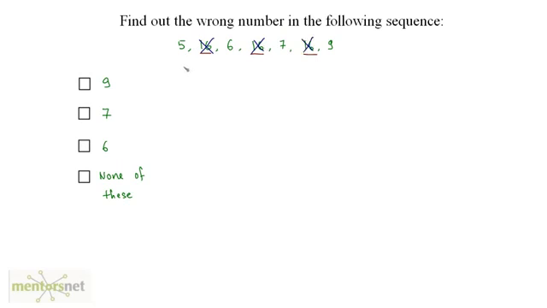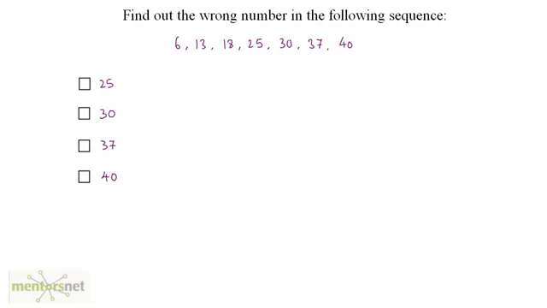So the other numbers are 5, so 5 plus 1 gives you 6, then 6 plus 1 gives you 7, and 7 plus 1, this should be plus 1, right? Because that's the pattern getting followed previously. So this should be 8. Here lies the problem, right? Hence this 9 should be 8, so hence 9 is the wrong number. So option A is the correct answer.